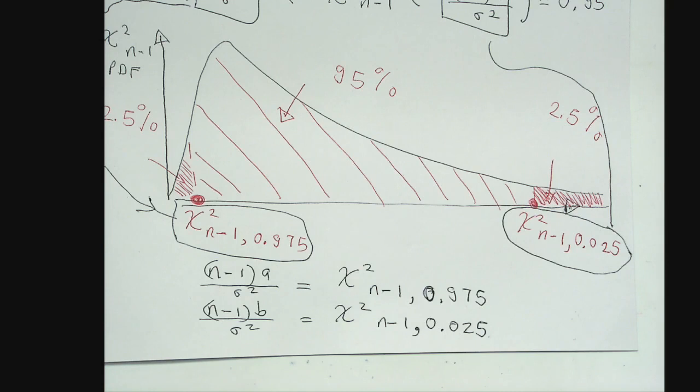If this is 0.05, this is 0.05. This point here will be Z 0.05, and this point here will be Z 0.995. That's the notation I have used. I know it's different from the other courses you have taken, but this is the notation I use in my course.